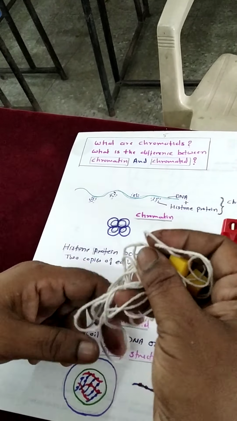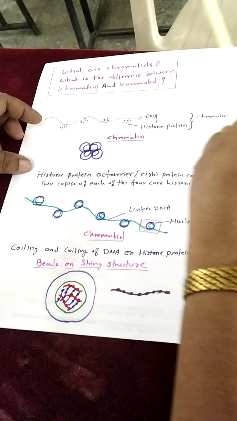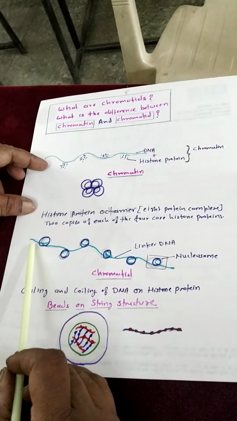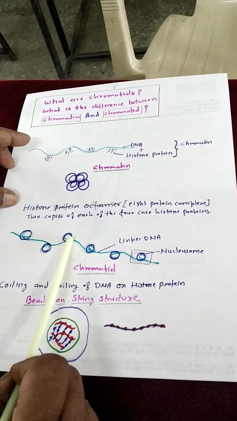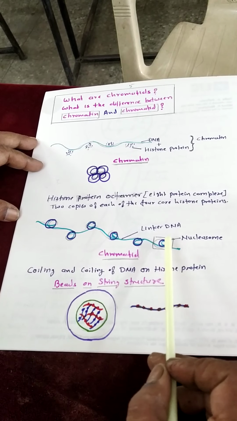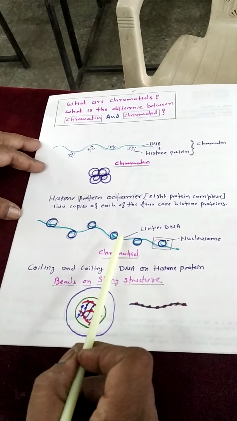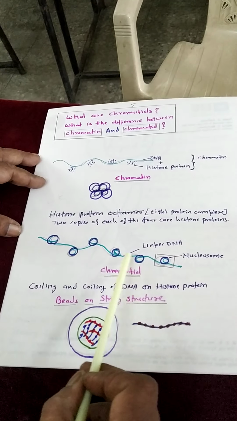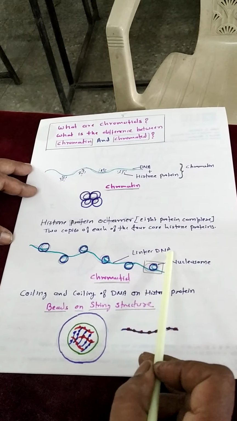The coiling is to decrease the length of the DNA molecule. This unit, the coil around the histone protein, is called a nucleosome, and the distance of DNA between two nucleosomes is called linker DNA.